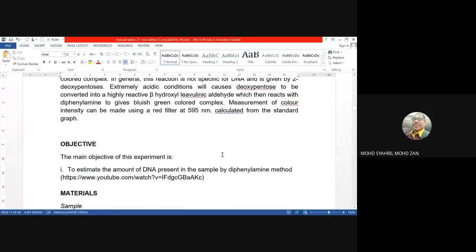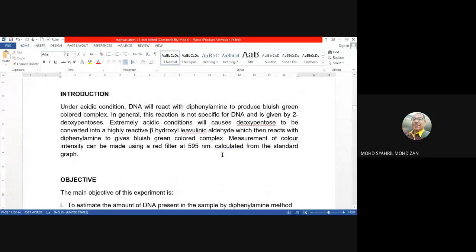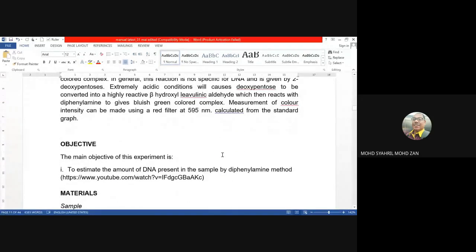Okay. So for further details of this technique, you have to see the video. The video is in the book, I will check it. So the main objective of the experiment is to estimate the amount of DNA present in the sample by the diphenylamine method. So I will be giving the YouTube video link. So I will check there.